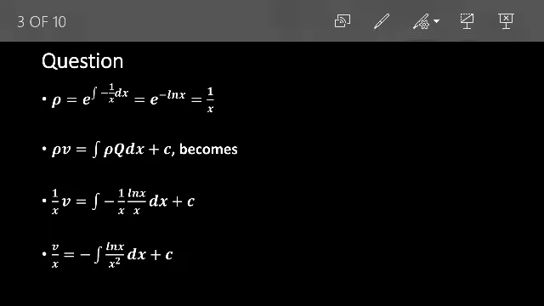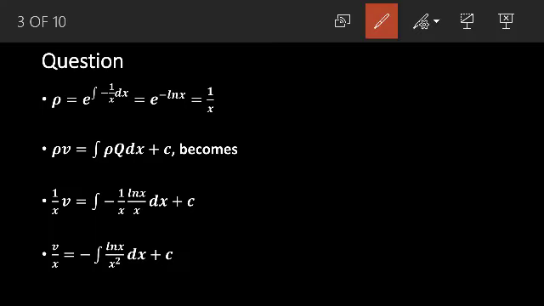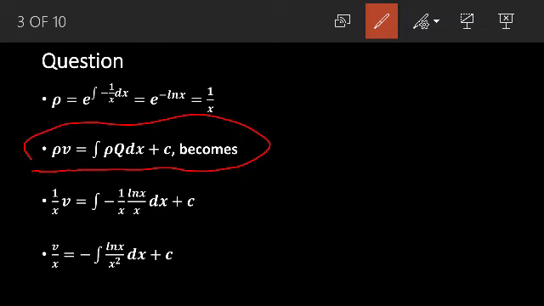Now, that leads us to the next point, which is the solution to the first order linear equation, which is rho v equal to the integral of rho q dx. Your rho, the integrating factor, is 1 over x, so times v equal to the integral of 1 over x times minus ln x over x dx. Remember, your integrating factor is 1 over x, then multiplied by your q, which is minus ln x over x.